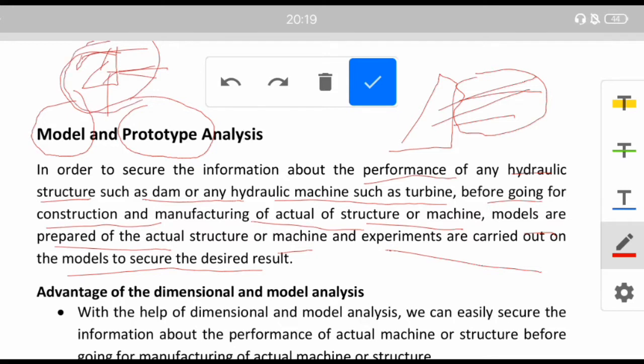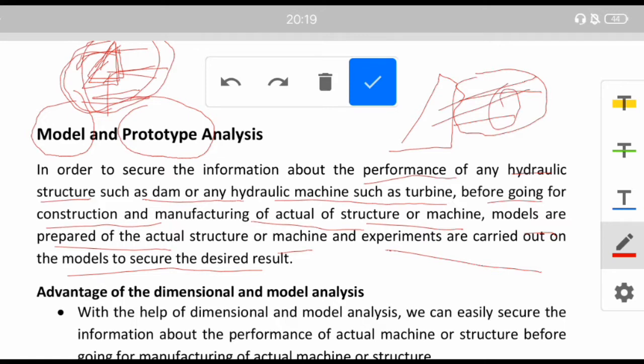There are many things we can take into account, but before the actual construction, we will first study the structure with the help of a model quite similar to the actual structure. The same thing works for any turbine or other hydraulic machine.